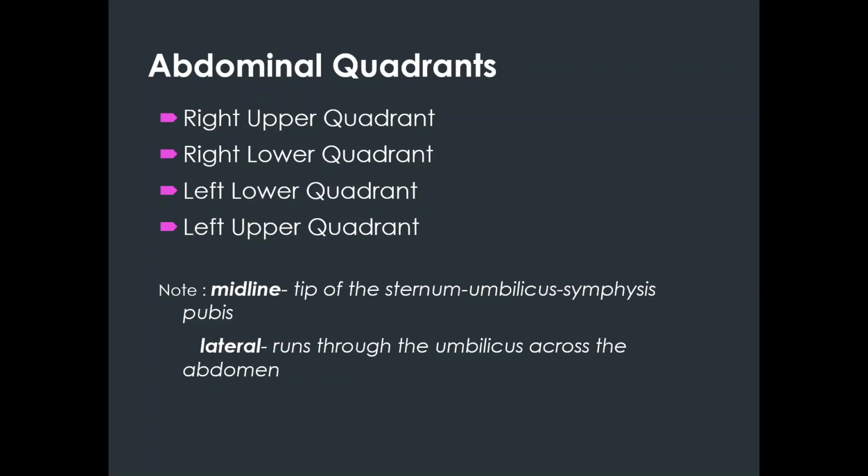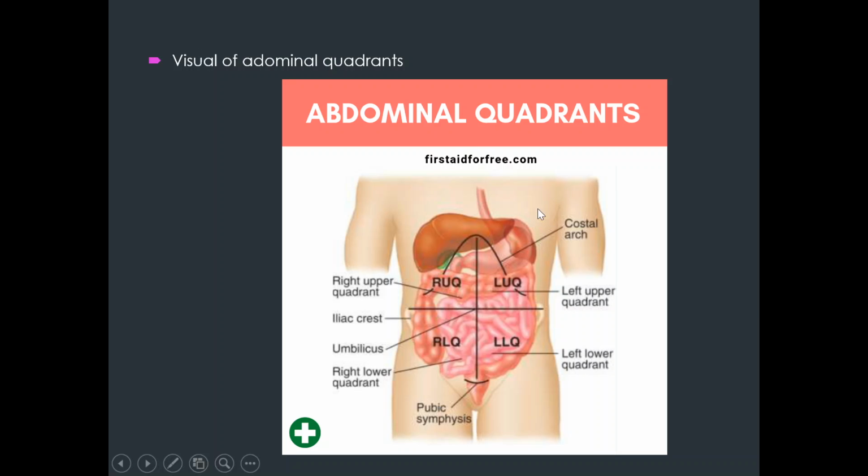Take note, when you say midline, this refers to the line that runs from the tip of the sternum down to the umbilicus and further to the symphysis pubis. When you say lateral, on the other hand, this is a line that runs through the umbilicus across the abdomen. As you can see here, you can see the two lines.